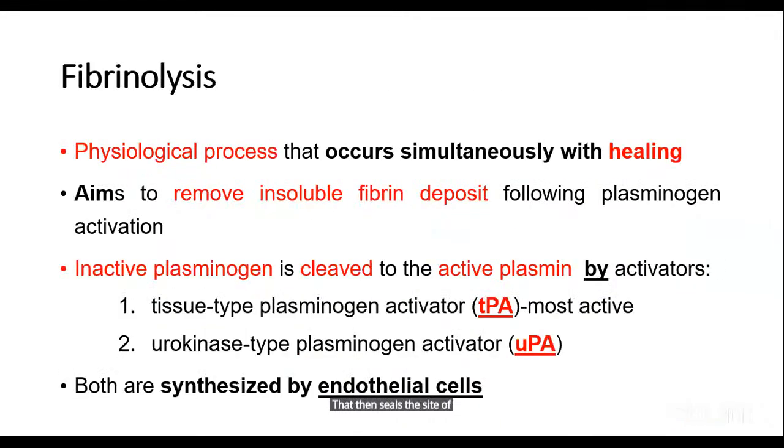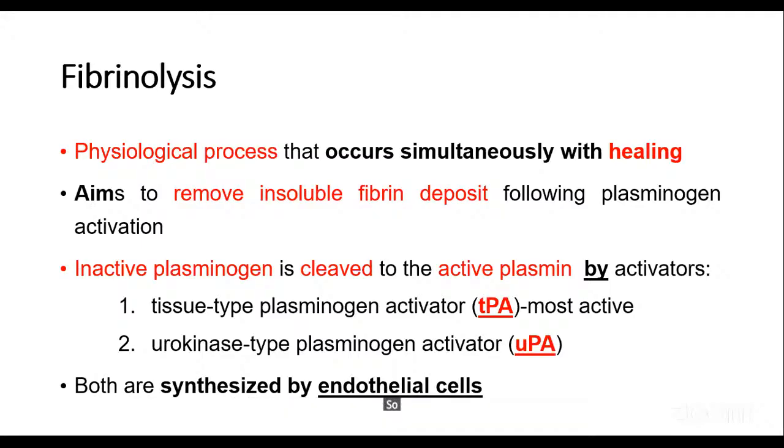Now, in a normal state, when the vessels are injured and the coagulation process has taken place and the site of injury is sealed and blood flow is maintained within the vascular system, two things occur. As time goes by, the healing process takes over and the fibrin also has to be lysed.